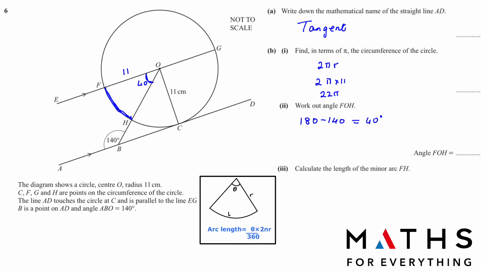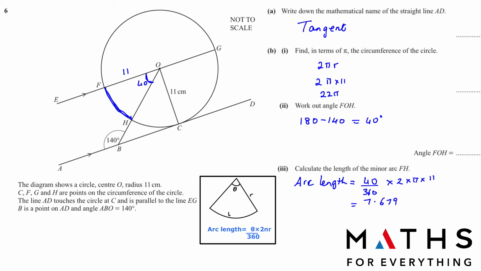So 2 pi r is our circumference. Anyway, we can just redo the whole thing or use what we got from before. 40 divided by 360 multiplied by 2 multiplied by pi multiplied by 11. 11 is our radius. Put the whole thing in the calculator. We'll get the answer 7.679.